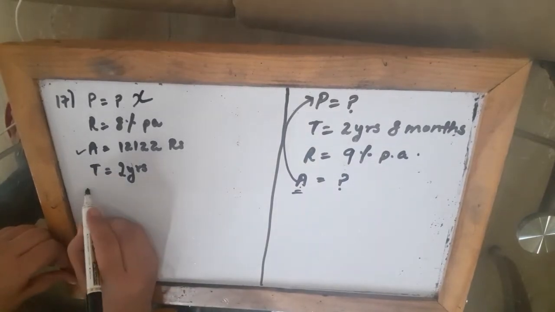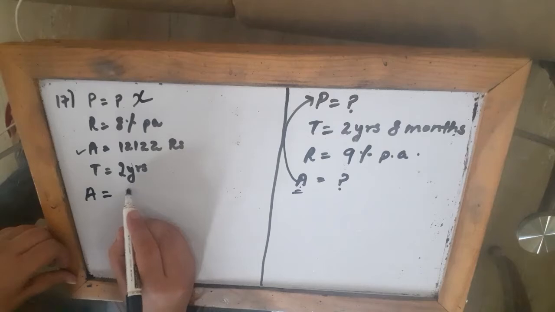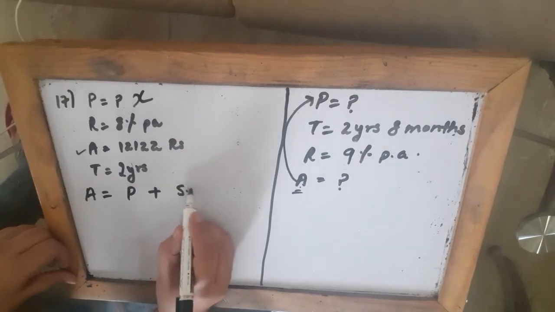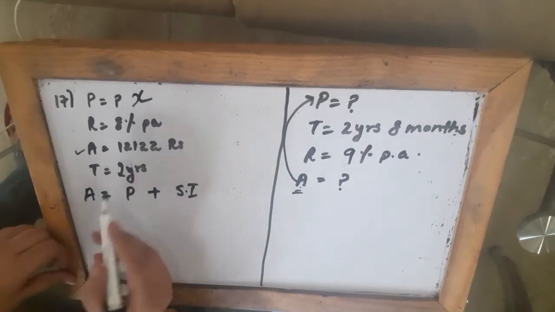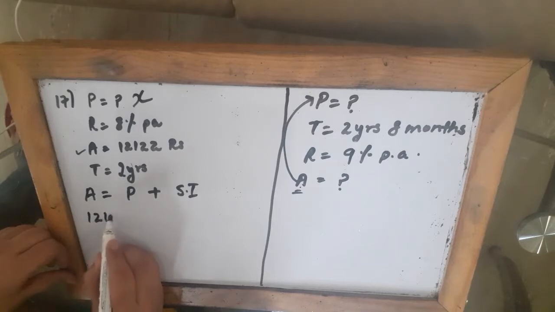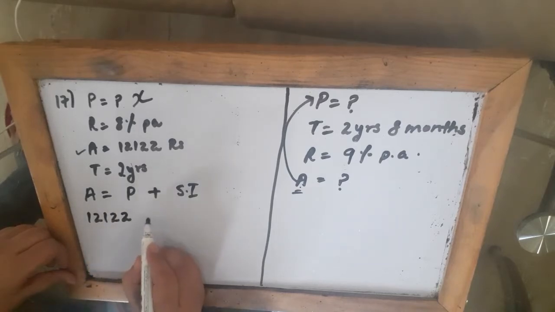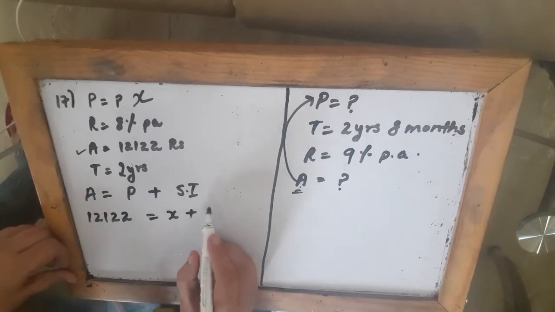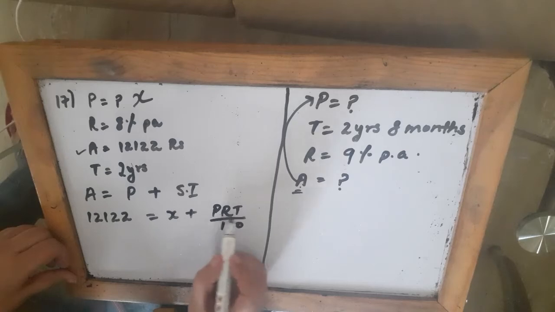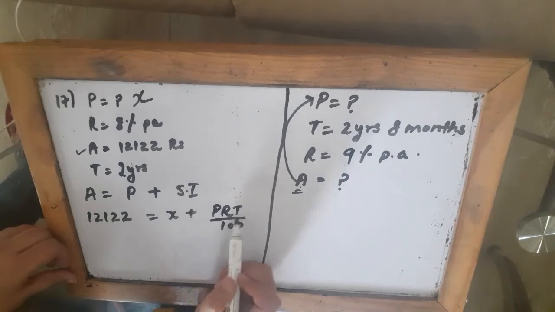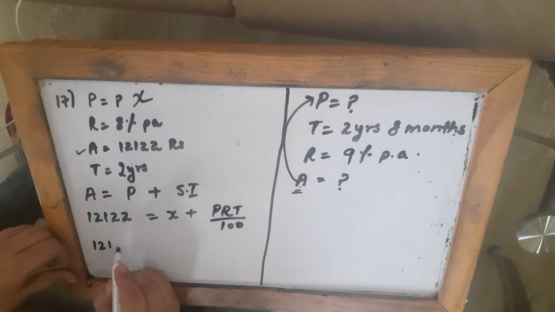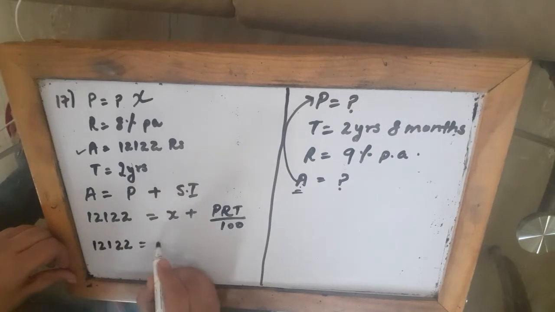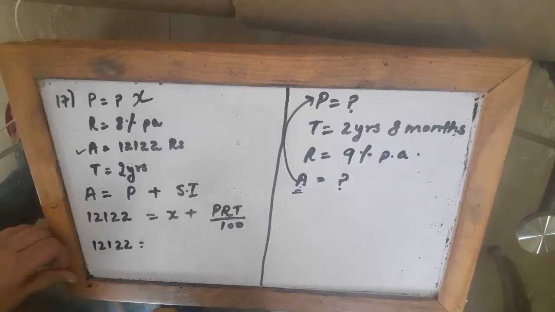Now amount is given. The formula for amount is principal plus simple interest. Amount given is 12,122, principal is x, and how do we find simple interest? It's PRT upon 100. Whatever I know about R and T, I will fill that up, and this simple interest I will find out in terms of x only.